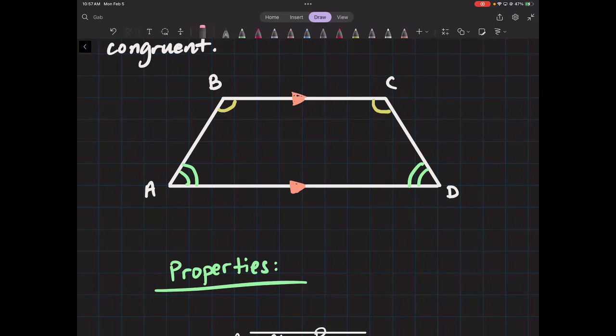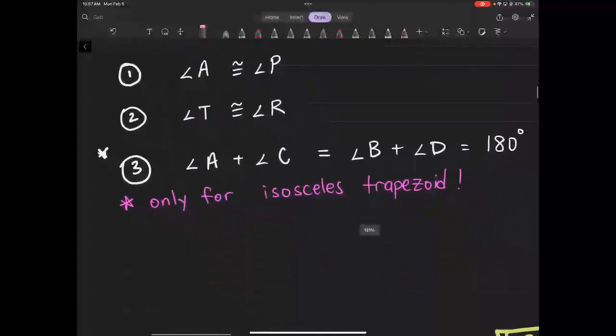Now can you guys copy down just number 3?